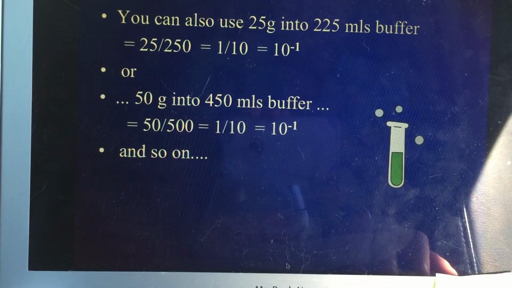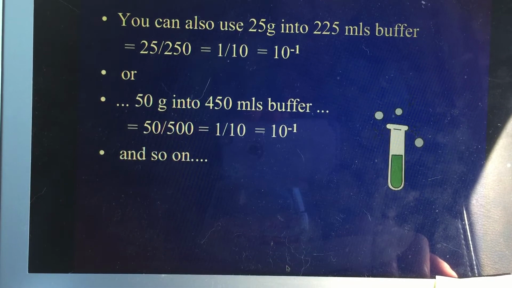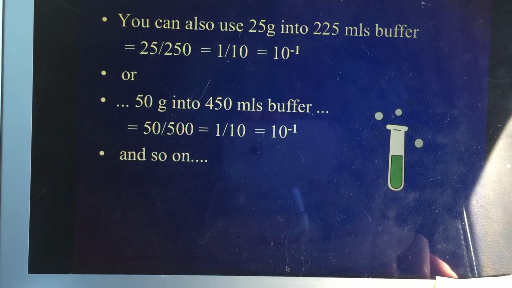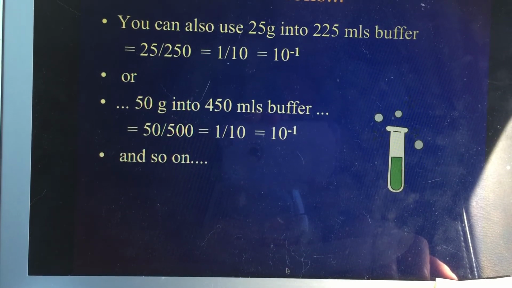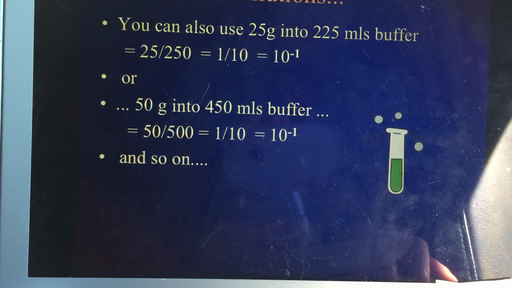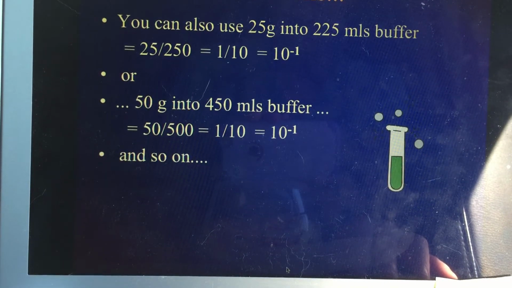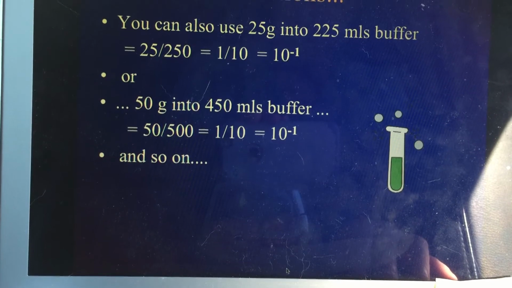That 250 grams is made up of 25 mils of sample, and the rest of that is your buffer volume. So you would need to do a very simple calculation of 250 minus my original 25 grams of sample, and that would equal the 225 mils of buffer that you need to add to this sample.